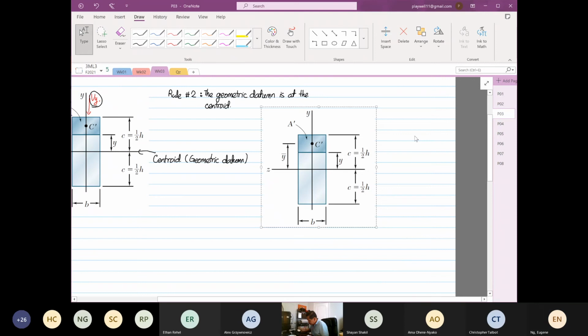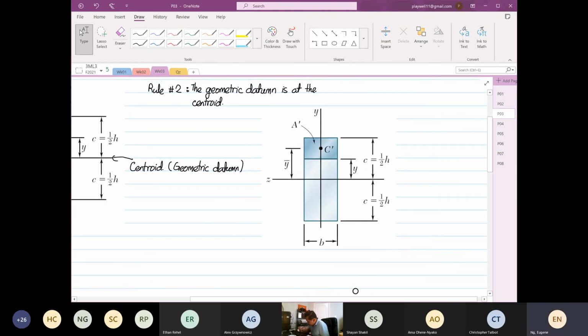So now if this is our Vz, then our centroid is over here, and this centroid is our geometric datum.